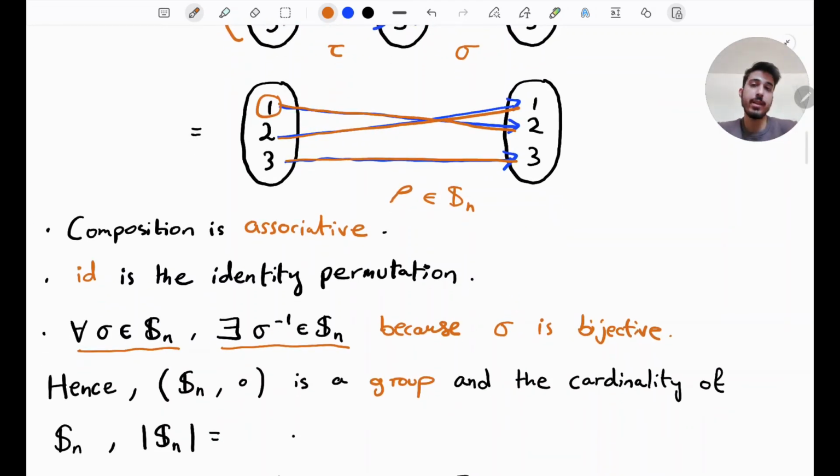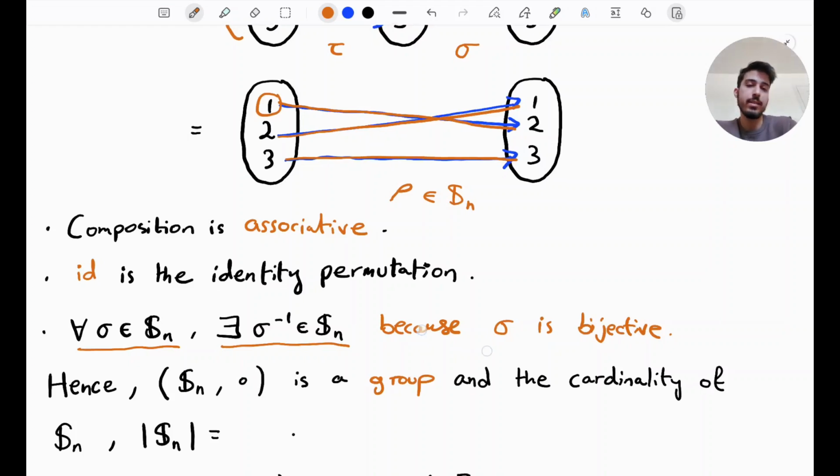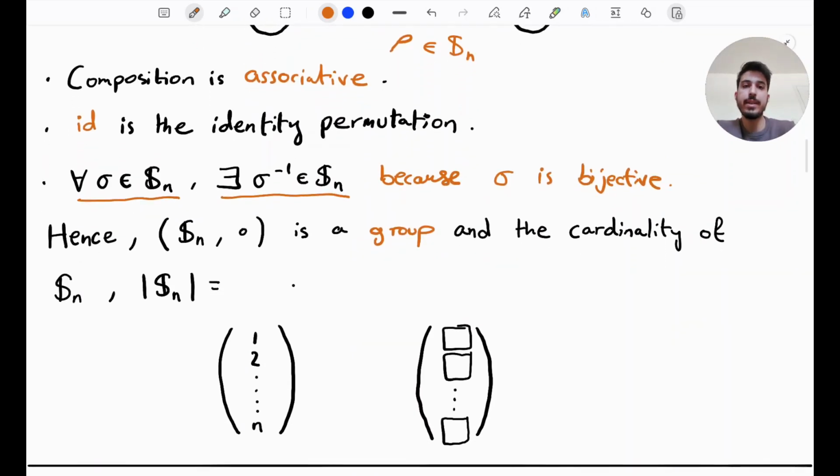And now it is time to ask, what is the cardinality of Sn? In other words, how many permutations are in Sn? Well, to answer that question, if we have a set of elements, let's say 1, 2, 3, 4, all the way to n, we know that every permutation is completely determined by where it sends each element.